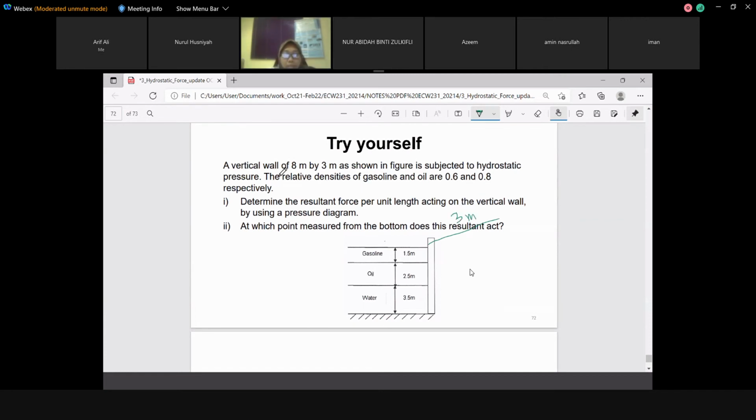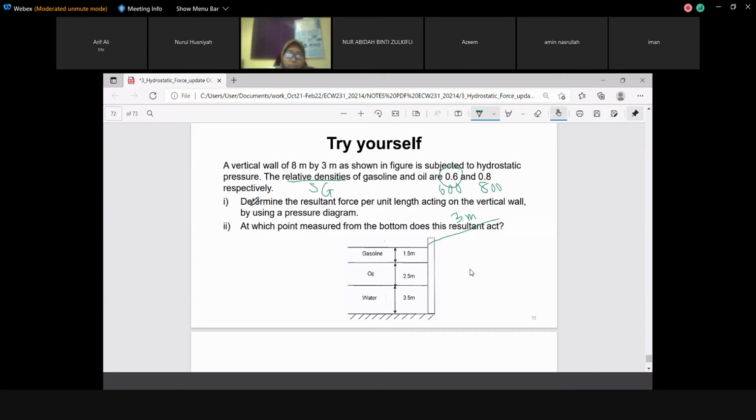Okay, and given the relative density, which is the specific gravity. Okay, another word for specific gravity is relative density. So this one can be converted into density. It is 600. This one 800. Multiply by 1000.